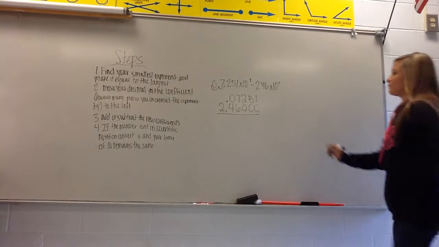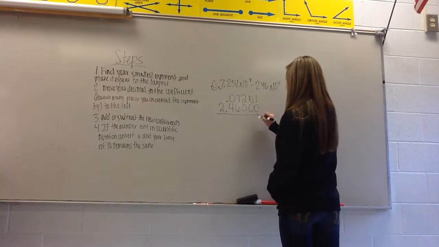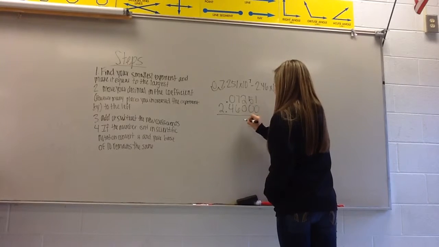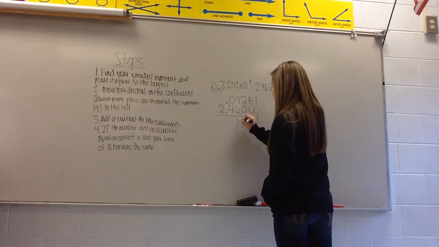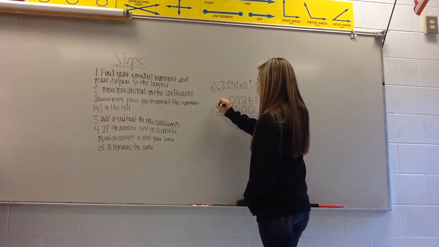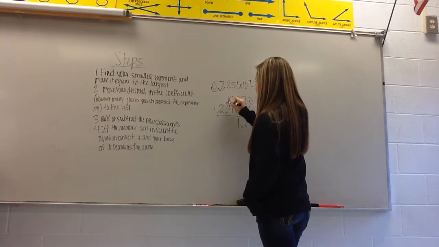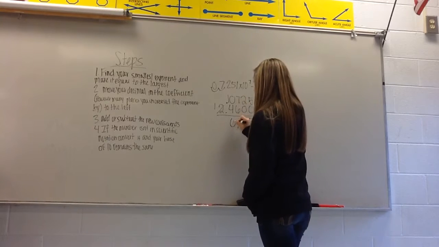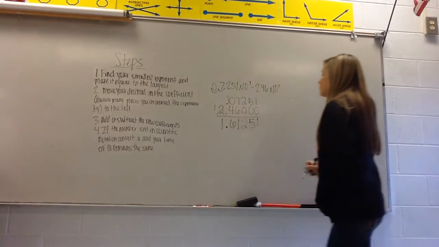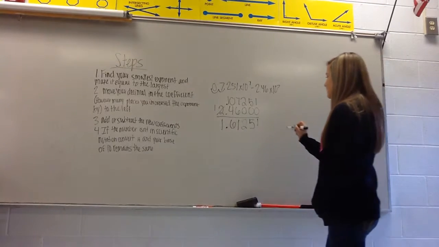So now 1 minus 0 is 1, 5 minus 0 is 5, 2 minus 0 is 2, 7 minus 6 is 1, 0 minus 4, you can't do that, so you have to borrow from 2, and you bring your 1 over, and now you have 10. 10 minus 4 is 6, and you bring down your 1. So now you have 1.61251.